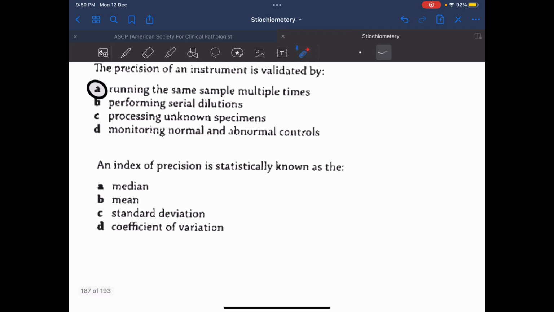Next question. An index of precision is statistically known as the median, mean, standard deviation, or coefficient of variation. The index of precision is called coefficient of variation.